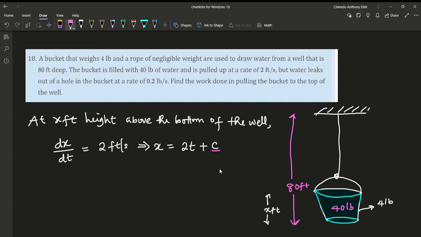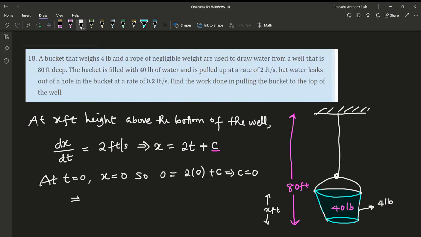If we are taking x to mean height above the bottom, then at time equals 0 we have not moved the bucket any distance, so x is equal to 0, right? So we have 0 equals 2 times 0 plus C, and from this we get that C is equal to 0.